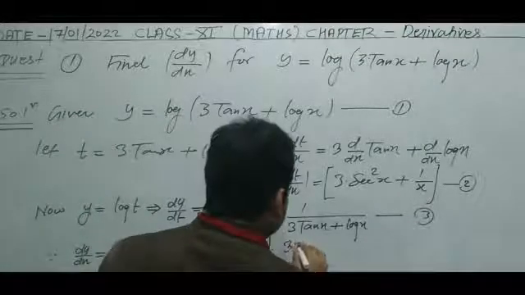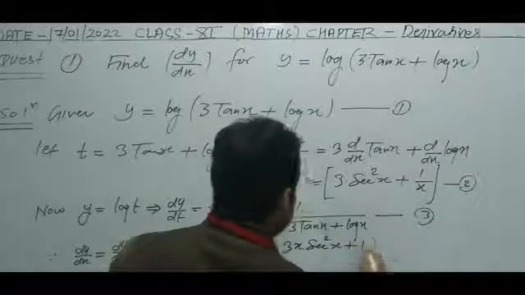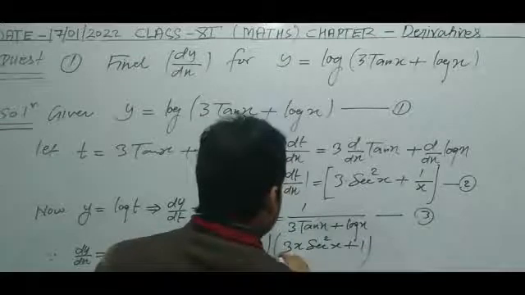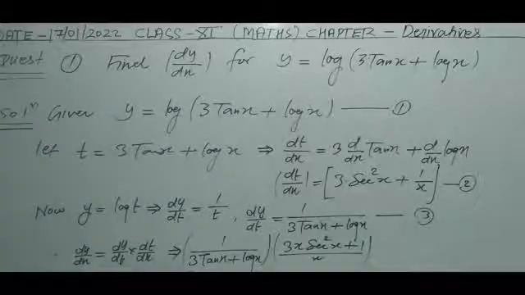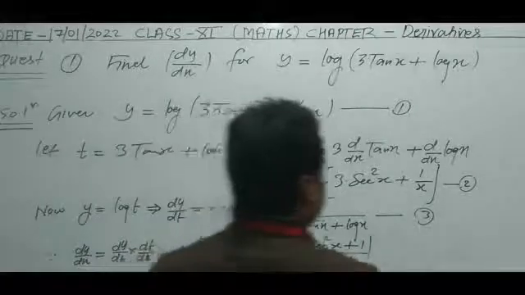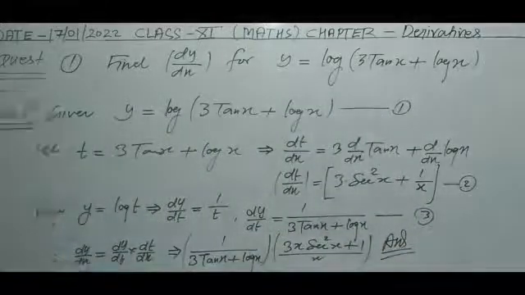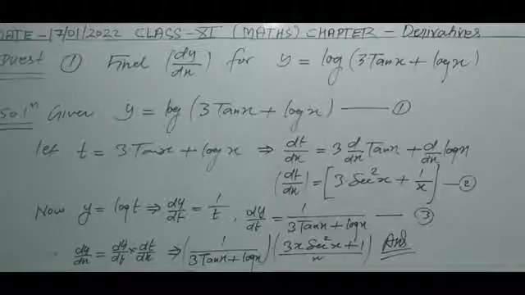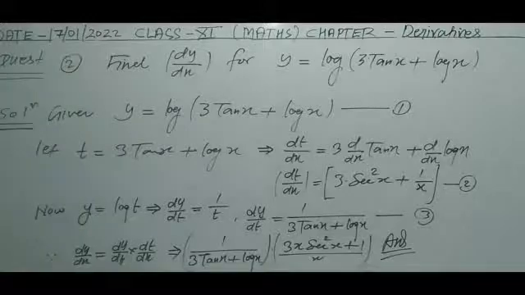So 3 sec square x plus 1 by x, upon 3 tan x plus log of x. Now this is the answer. You can see, this is question number 2.